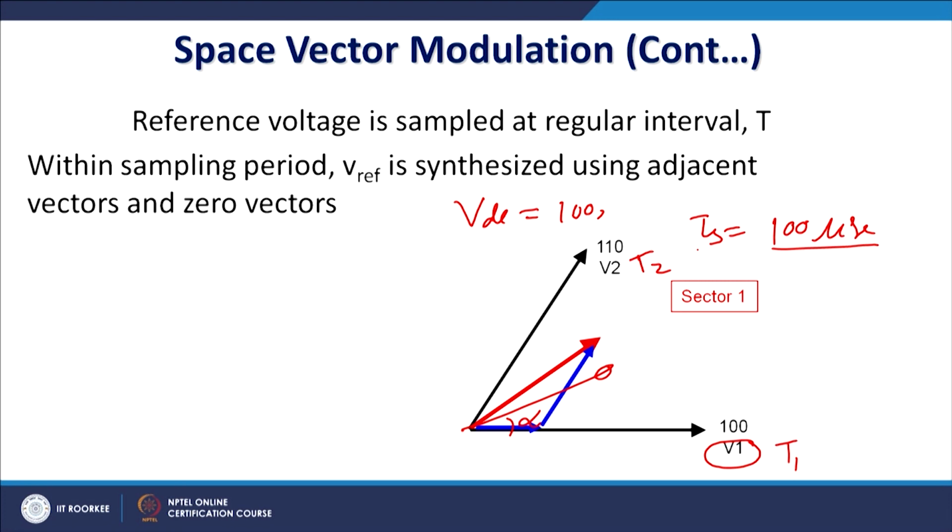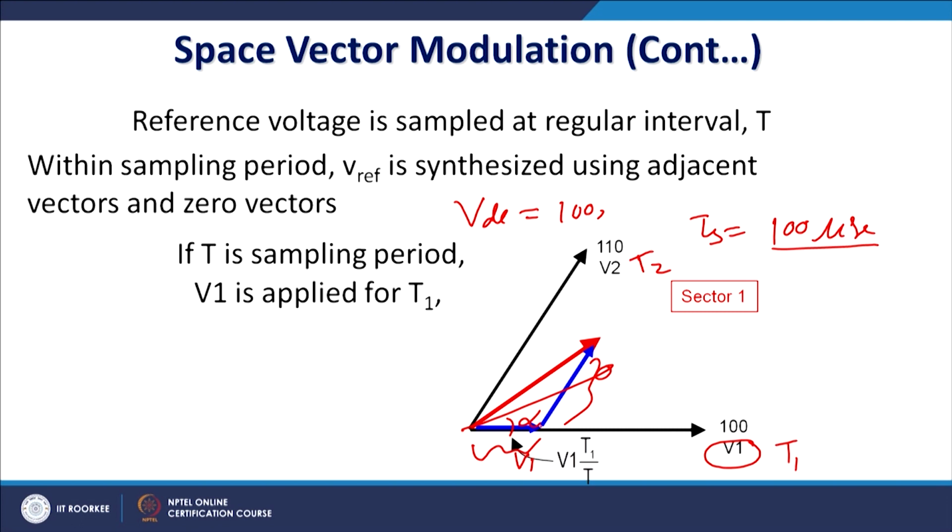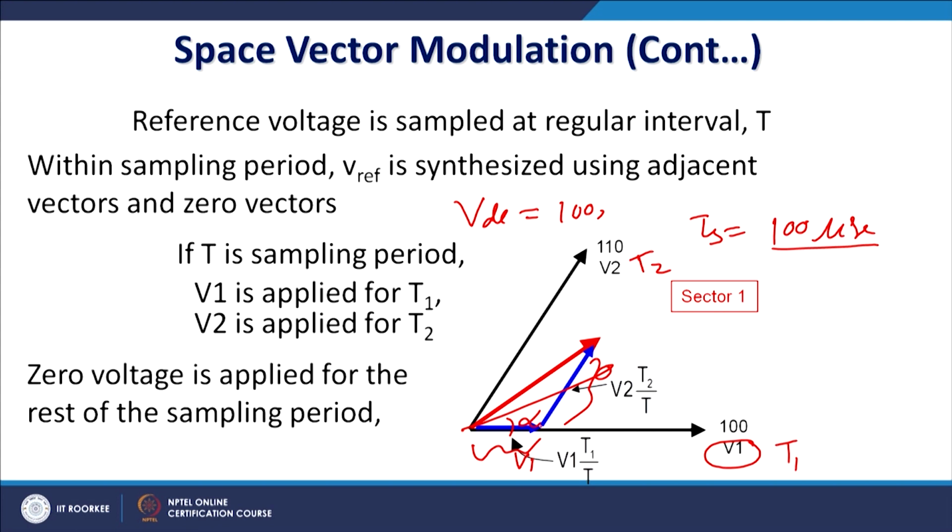Ultimately you can draw a line parallel to V2. For this much time you require V1, and for some amount of time you require V2 to generate this desired voltage. So V1 is applied for the time period T1, V2 is applied for the time period T2, and 0 is applied for the rest of the time.